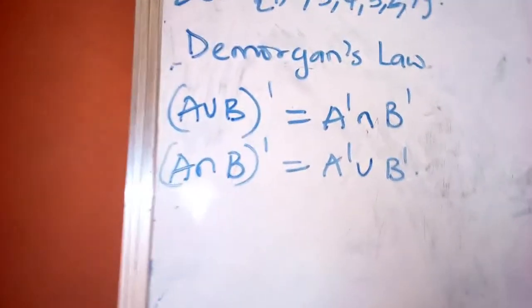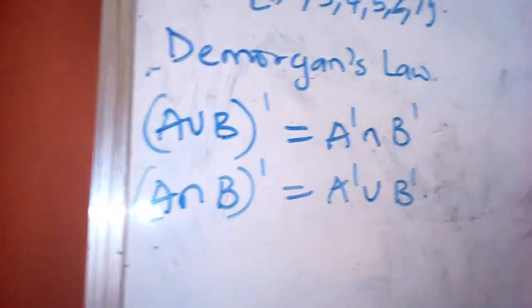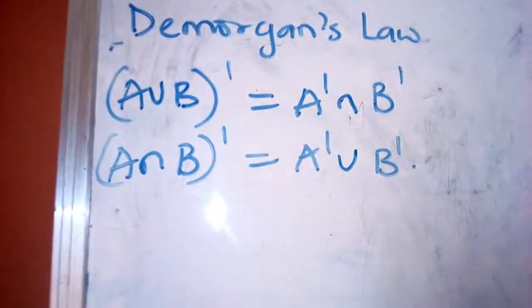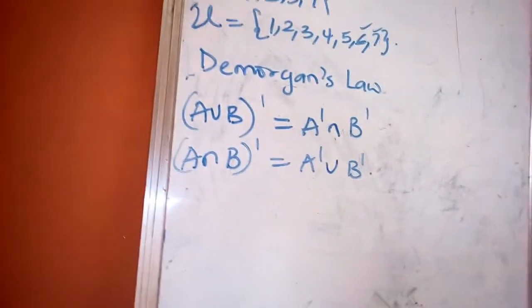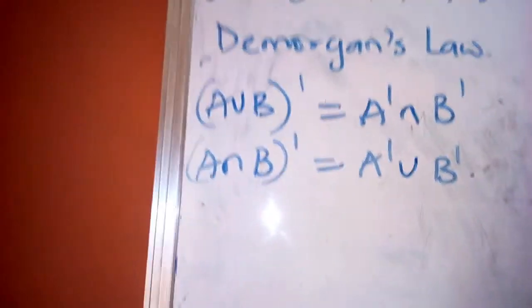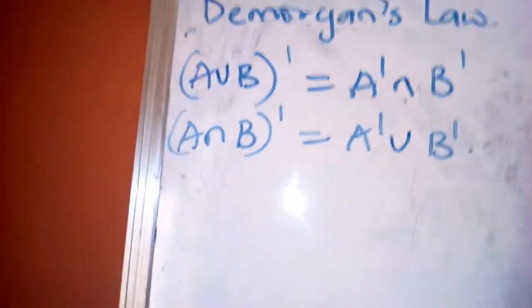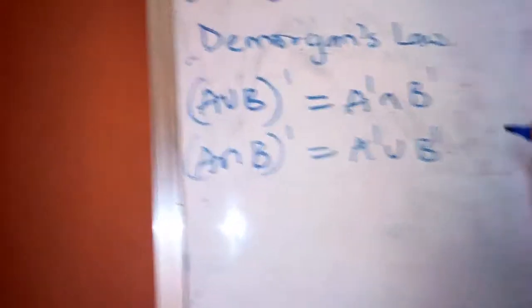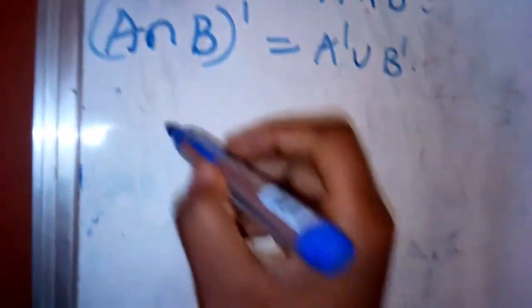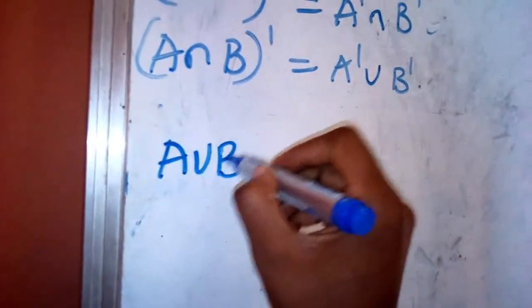So the last law we'll be checking today is De Morgan's law, which says A union B complement equals A complement intersection B complement, and A intersection B complement equals A complement union B complement. So we are going to do for this first, and I said we have to do for A union B first.